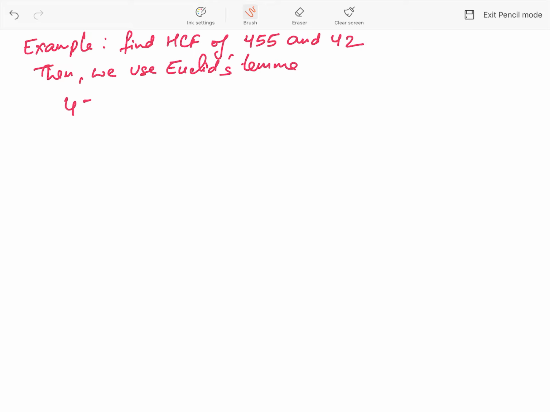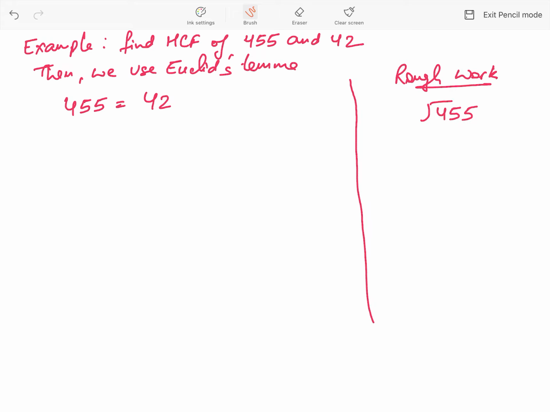So 455 is equal to 42 times something plus a remainder. 455 is the dividend and 42 is the divisor. We can see in the rough work that when 455 is divided by 42, we can multiply 42 with 10 to get 420, and the remainder will be 35.